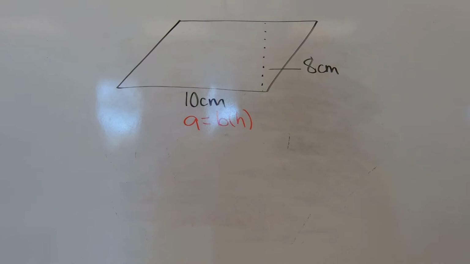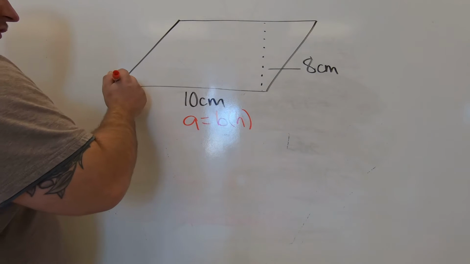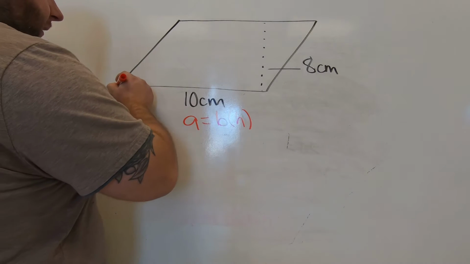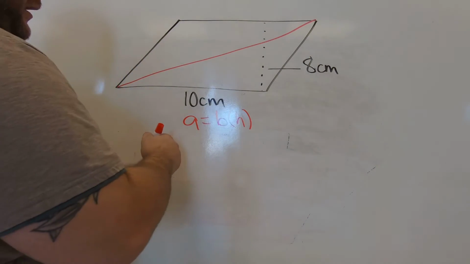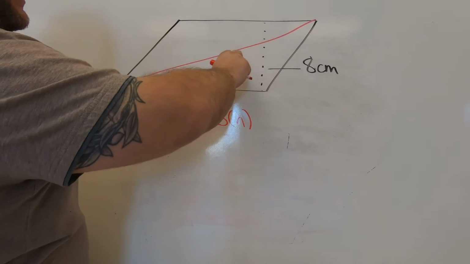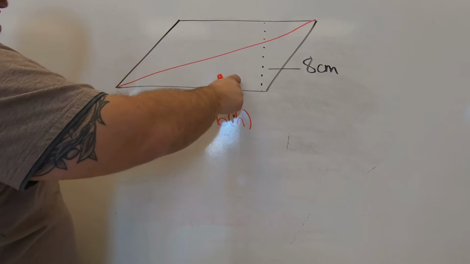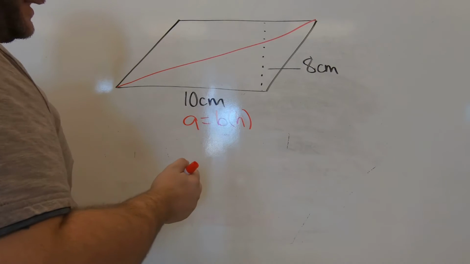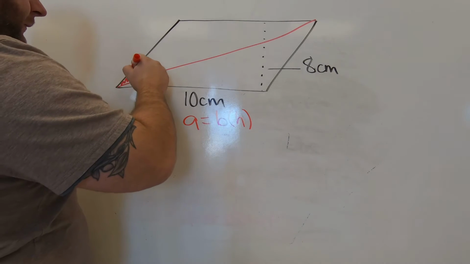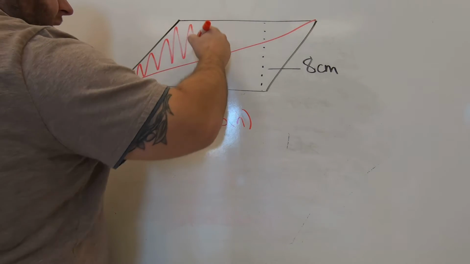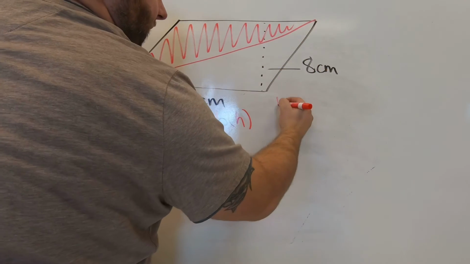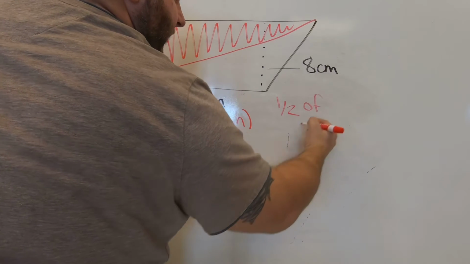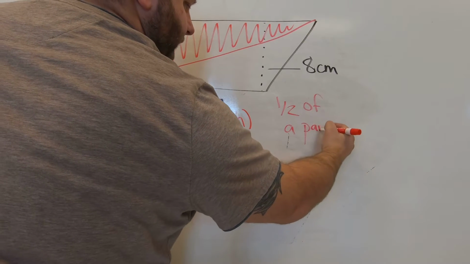Look at my parallelogram. I can turn this into a triangle by just drawing a line there. Forgive my line, I've created 2 triangles. So we might say that one triangle is half of a parallelogram.